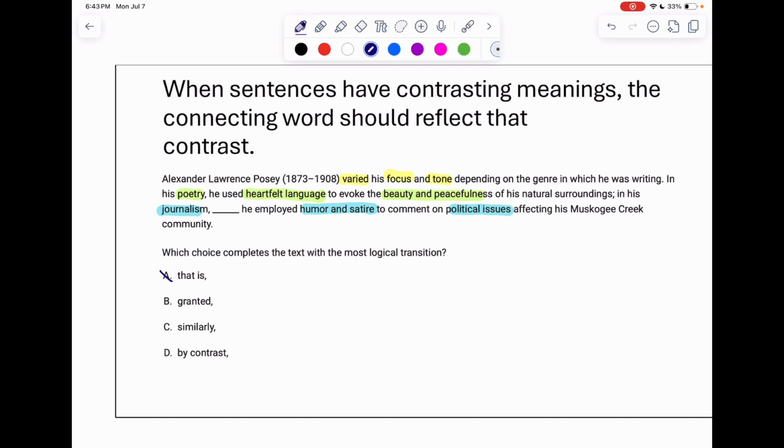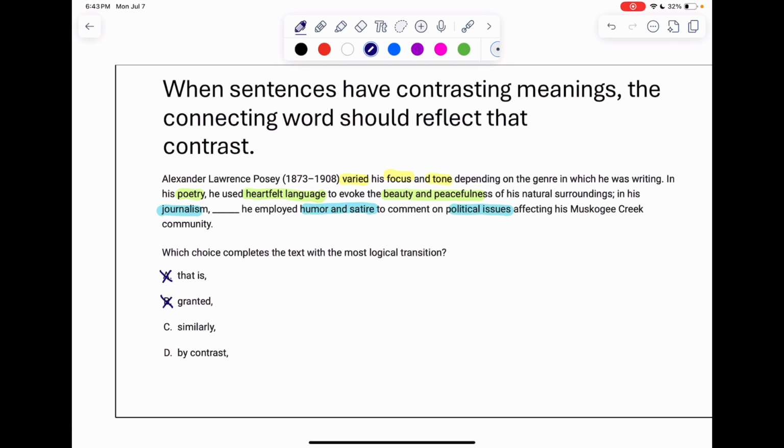So that gets an X. "Granted" is kind of like a contrast word, but what it really means is, yes, I did say that thing before, but now I'm going to say something that might appear to contradict, even though it doesn't fully contradict. So here, we're not contradicting what we just said or giving an exception to it. We're actually saying something different. So we're going to give that one an X.